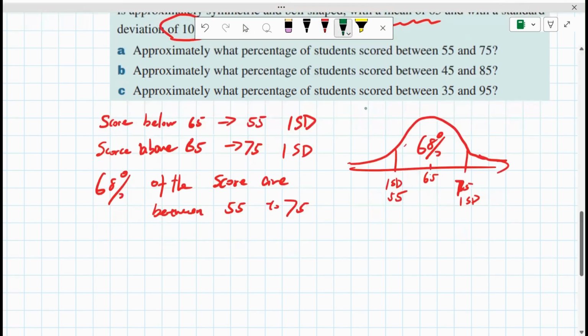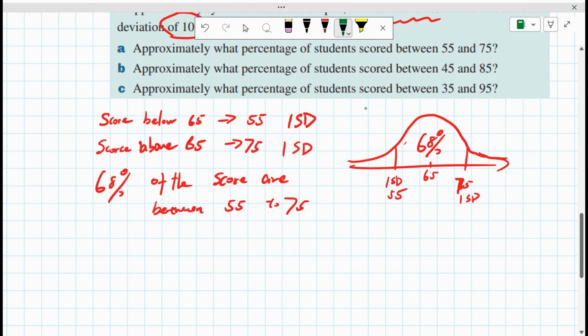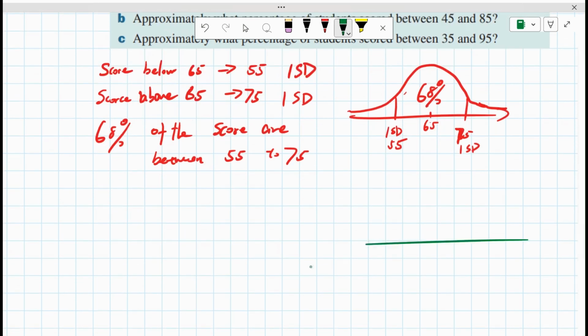For the second one, with 45 and 85, now your bell curve is a little bit different.